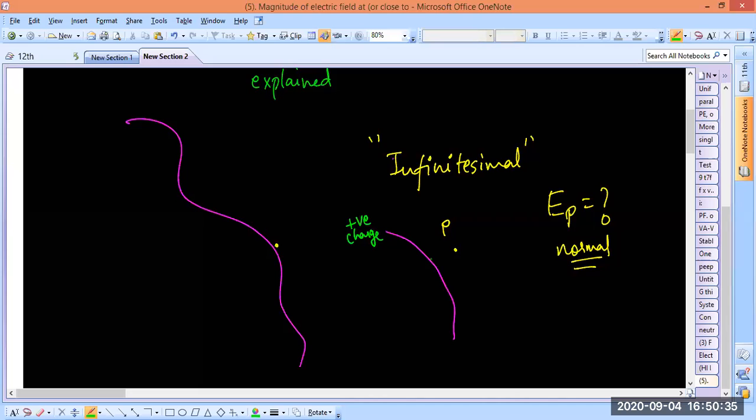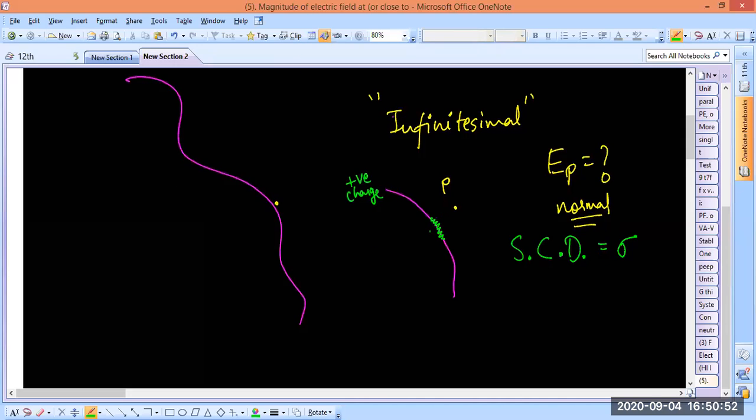And in this region, the surface charge density is sigma, all right? Okay, so what am I going to do? I will make a Gaussian surface. Of what shape?